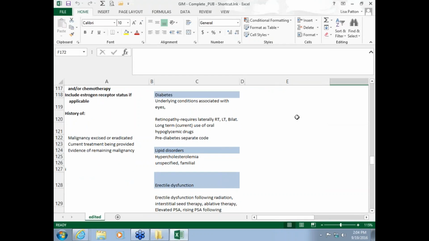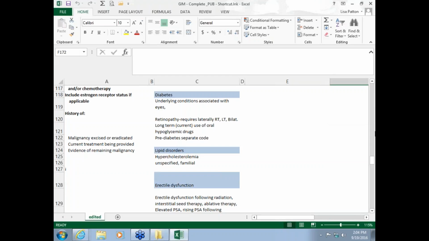All right, starting with diabetes, it's the same thing that ophthalmology said and all the other areas. The main thing is with the retinopathy, they've added laterality. Also long-term use of hypoglycemic drugs and prediabetes as a separate code.